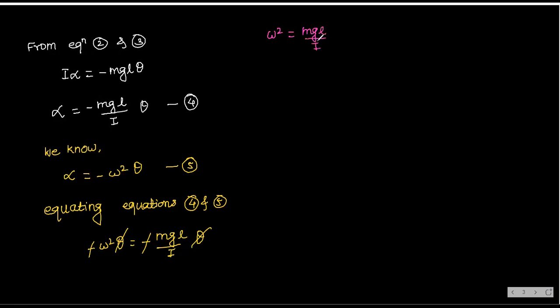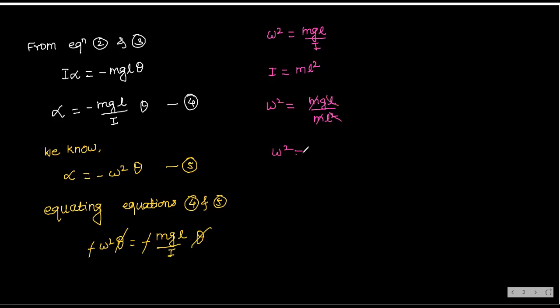mgl by I. Now, I is moment of inertia. This is ml square. And therefore, omega square is equal to mgl by ml square. This m and this m cancel. This l also will get cancelled.